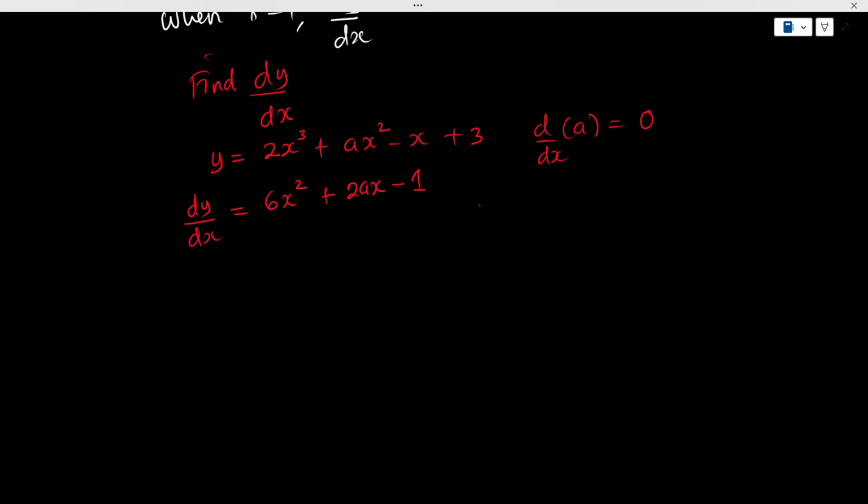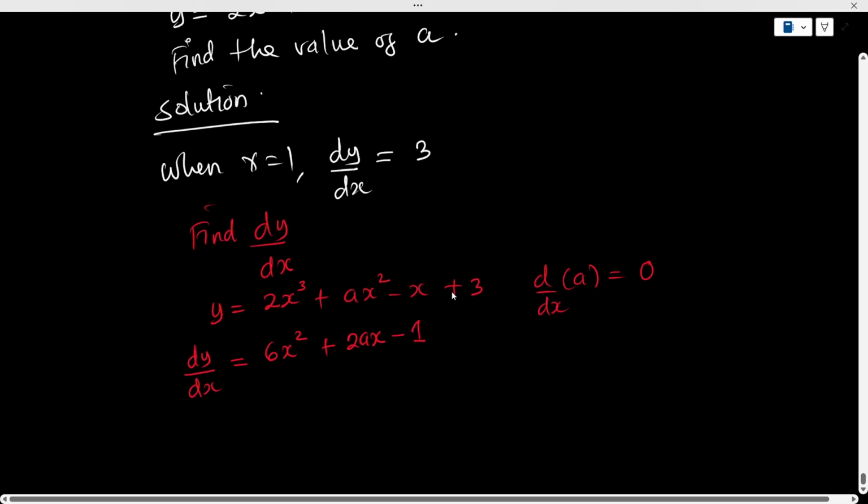Now we have the derivative of this function, and then we have the information that you were provided with, that dy/dx is 3 when x is 1.